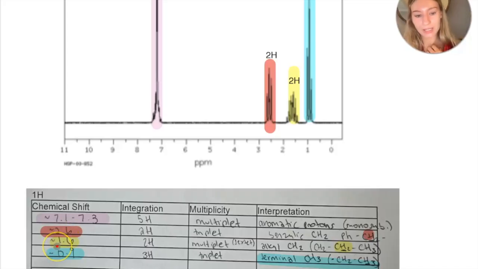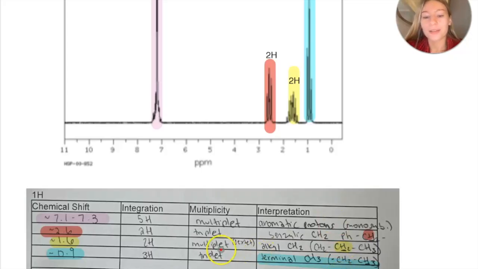The next one's 1.6, another 2H upfield, and this is going to be our alkyl CH2. So we see it's in between a CH2 and the CH3. At 0.9, here we have finally a 3H, meaning this is our terminal CH3, and it is a triplet because it's next to this CH2 right here.